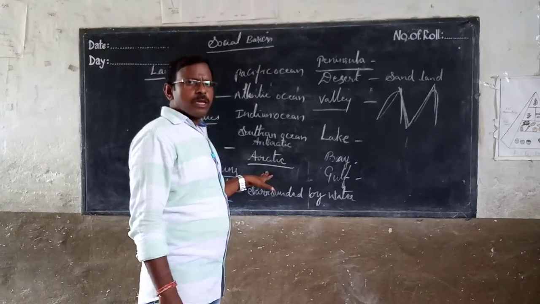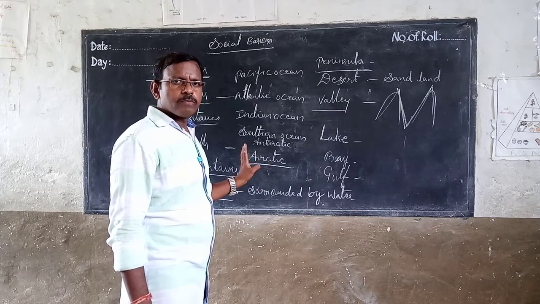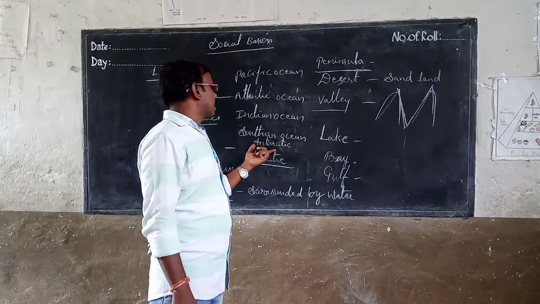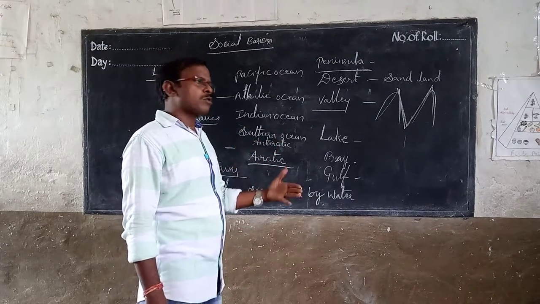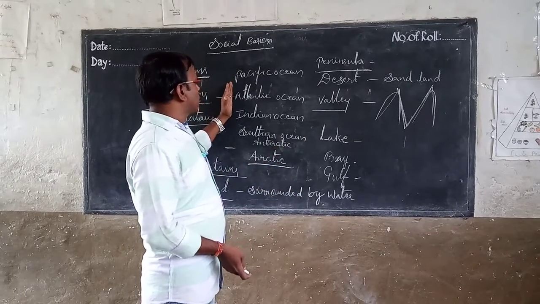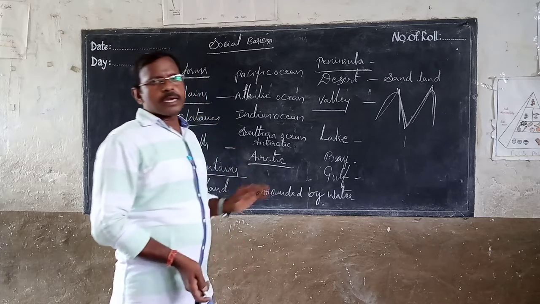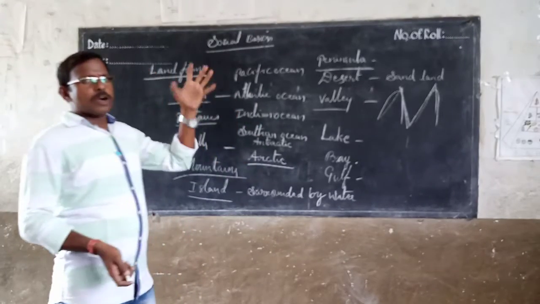It looks like snow, like ice. The Southern Ocean, Antarctic Ocean, is also somewhat frozen, a maximum portion is frozen. So like the oceans are there, the continents are there.